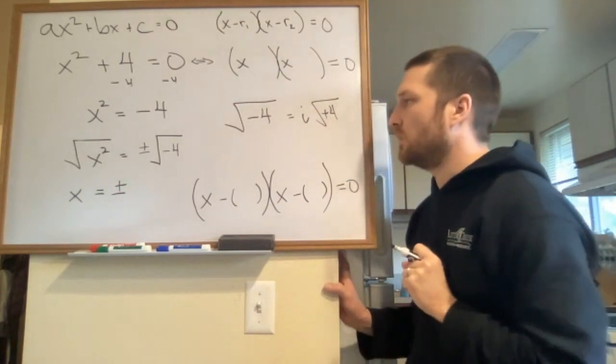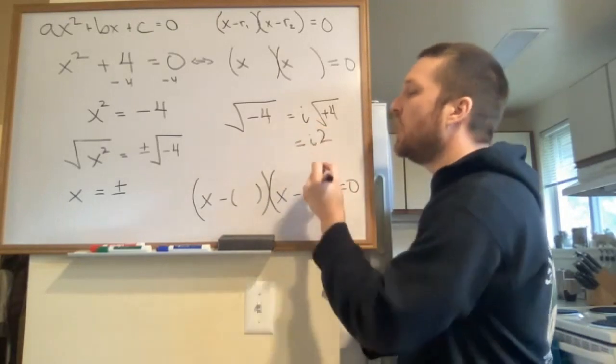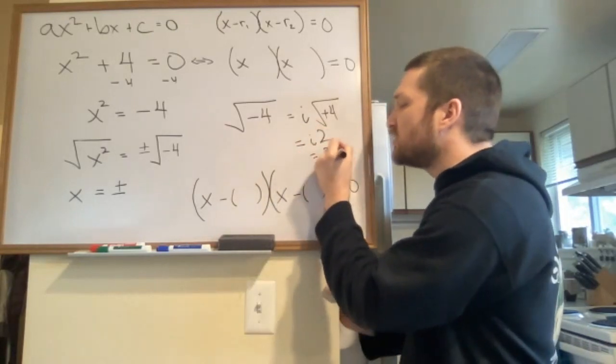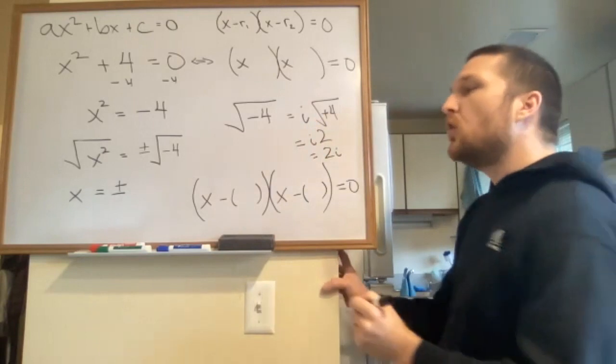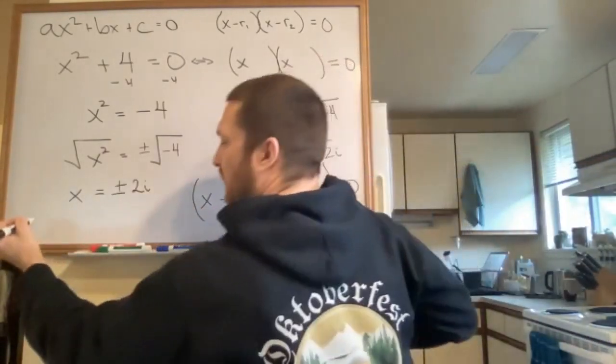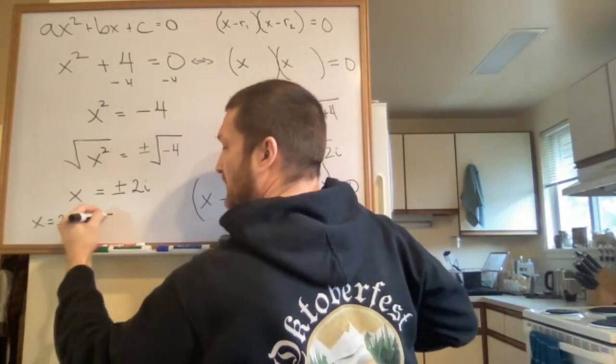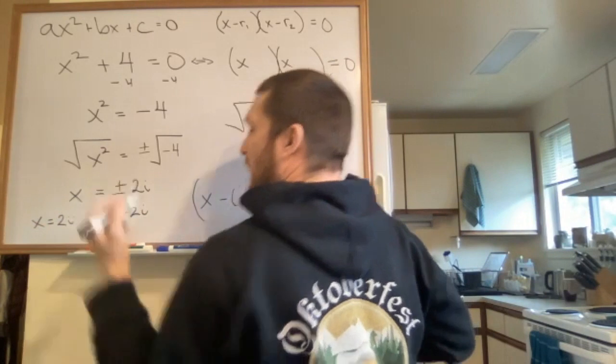Right. Okay. So i times what? 2. i times 2. Or I like to write it as 2i. So we have plus or minus 2i. So in other words, x is either equal to 2i or x is equal to -2i.